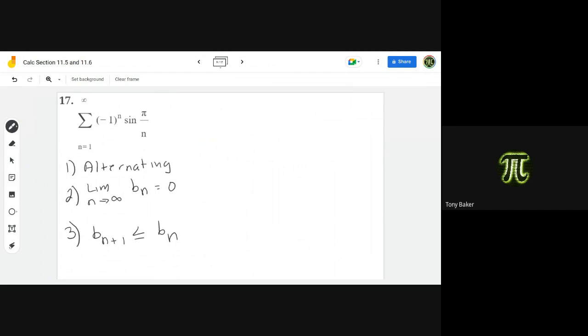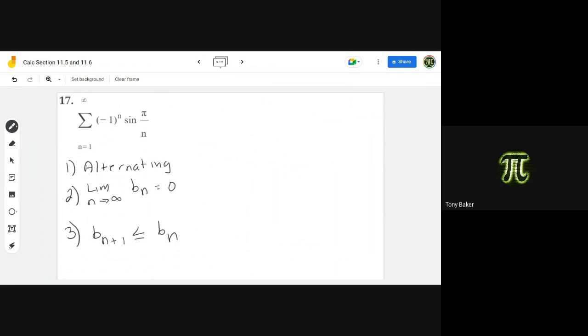Step one, is this alternating? Why? Okay. So if we eliminated that, is it always positive? Got to remember, most problems, this isn't an issue because most functions don't alternate.